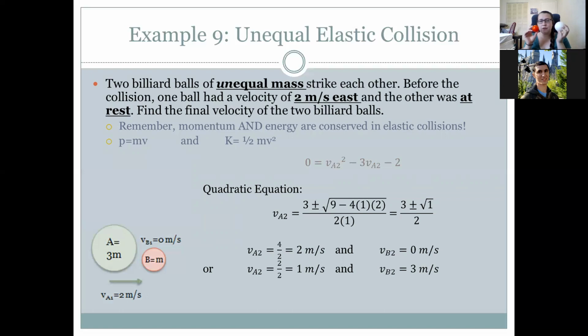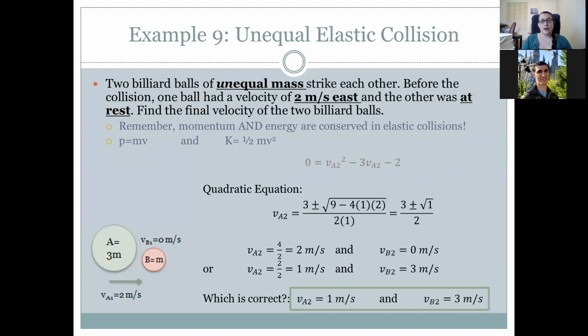So with that first set of answers, if the final velocity of ball A is still 2 meters per second, that means no collision actually happened at all, and ball A just rolled right past ball B. But we know that's not what happened because the scenario says they strike each other. So there has to be some kind of collision between these two balls. So that means our second set of answers is the correct one.